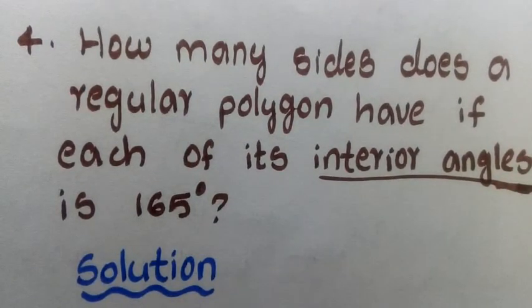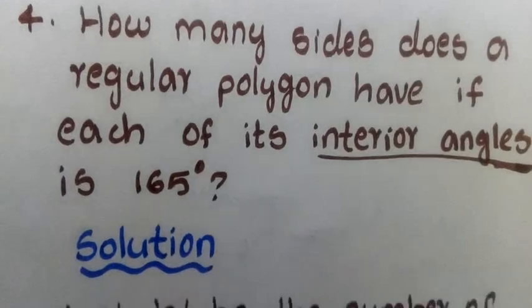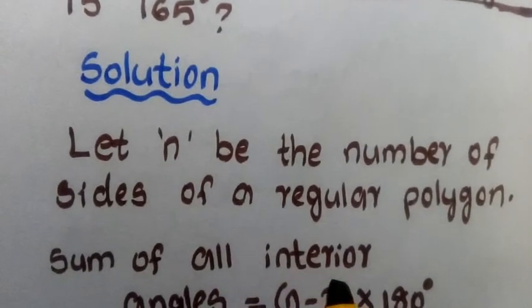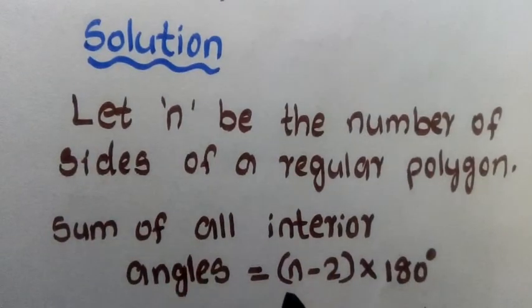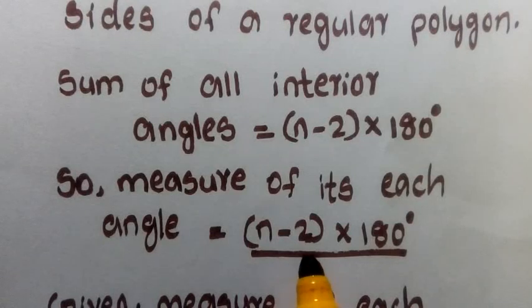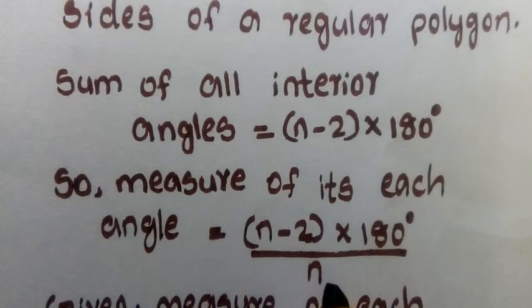We need to find the number of sides of the given regular polygon. So number of sides is unknown to us. Let n be the number of sides of a regular polygon. We know that sum of all interior angles of a polygon is equal to n minus 2 into 180 degrees. So, measure of each angle is equal to n minus 2 into 180 degrees divided by n.